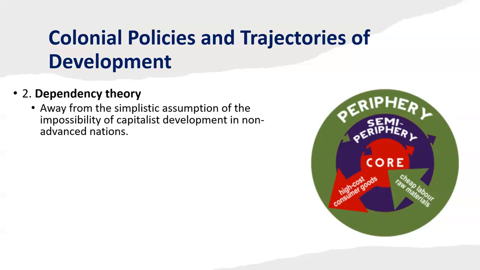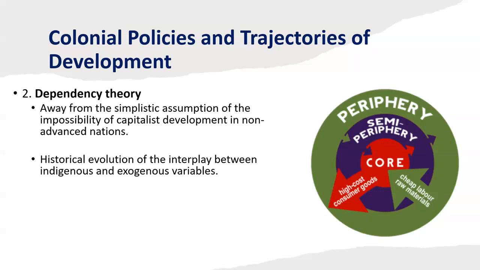The proponents of this theory assume that developing countries can develop their own capitalist path, but we need to bring the external factor, the enduring structure of the international economy, back into the analysis in order to understand the positionality of these developing countries in the world system.